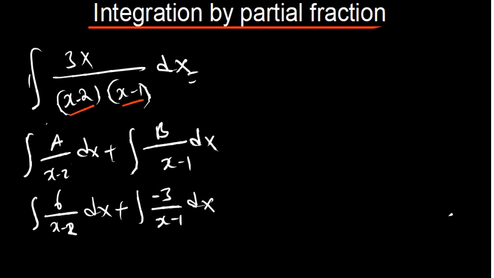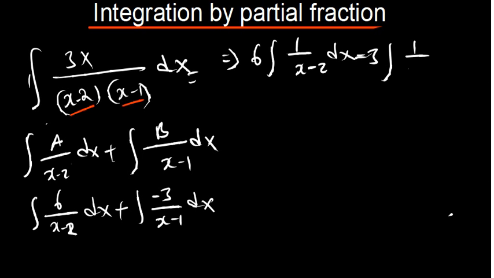I can shift the 6 and put it outside, so we have 6 times the integral of 1 over x minus 2 dx, plus negative 3 times the integral of 1 over x minus 1 dx.